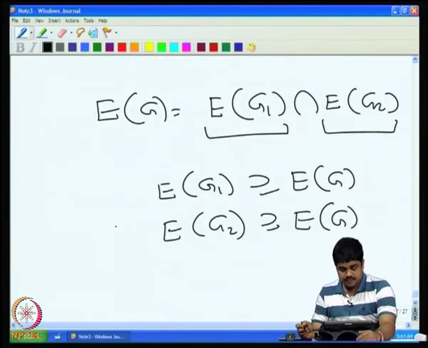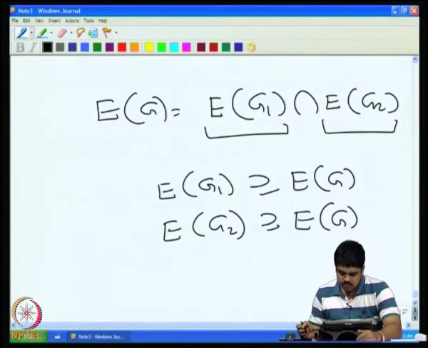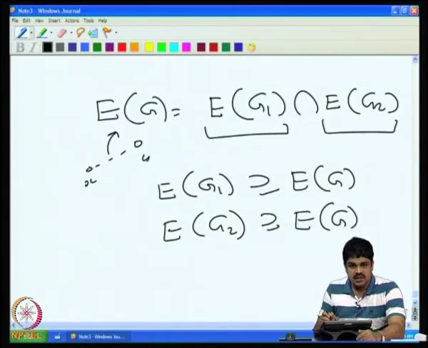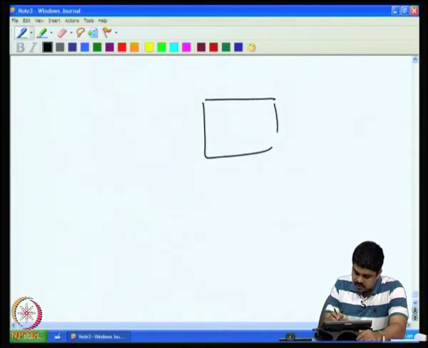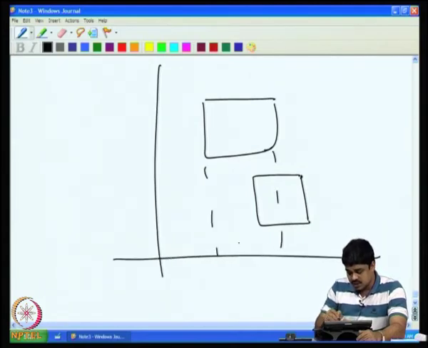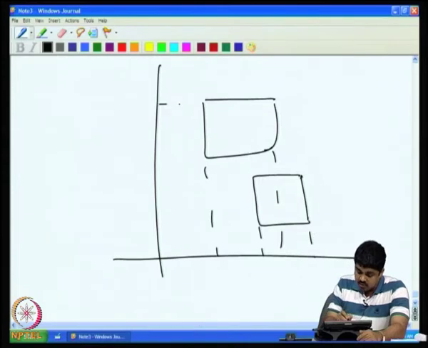Now, if some edge xy is missing in G, suppose this xy is not there in EG, then that means the two rectangles corresponding to x and y do not intersect. It can be some x and some y, something like this. Now, it is possible that in one of the axes their projections intersect, but it is not possible that in both the axes their projections intersect.